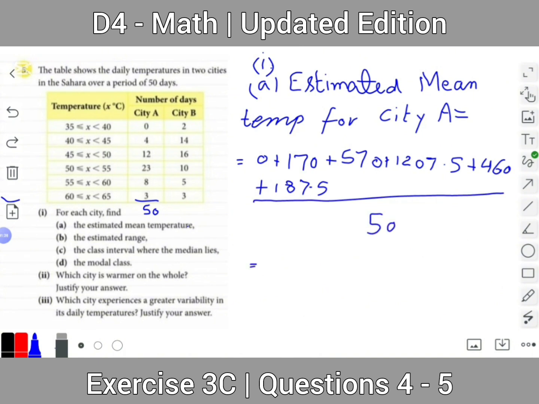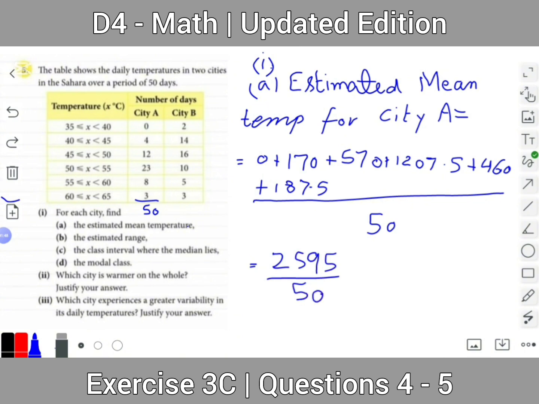So now we will add up all these values. Here we have 170 plus 570 plus 1207.5 plus 460 plus 187.5. So it will be equal to 2595 divided by 50.